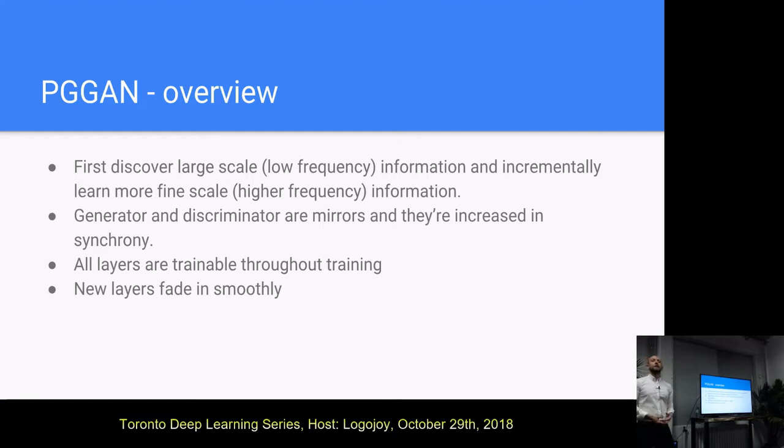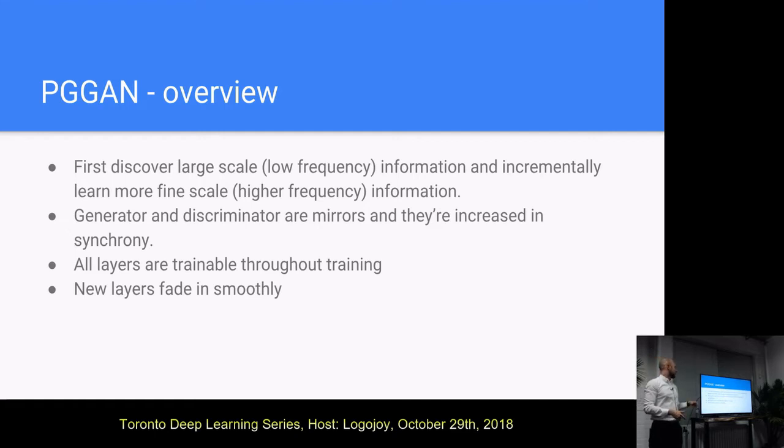The details of the implementation are that you first discover large scale information, because at lower resolution images, you're getting more of things like outlines, more structural information. Whereas as you go higher resolution, you're focusing more on high frequency detail, things like eye color and skin texture and hair and things like this.